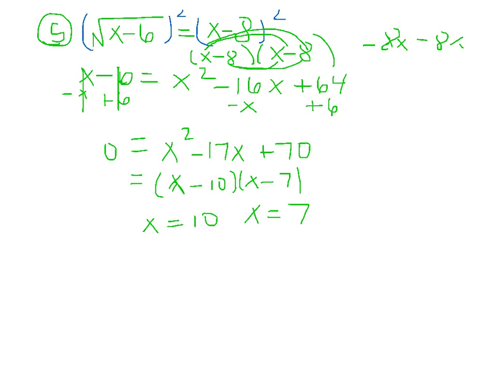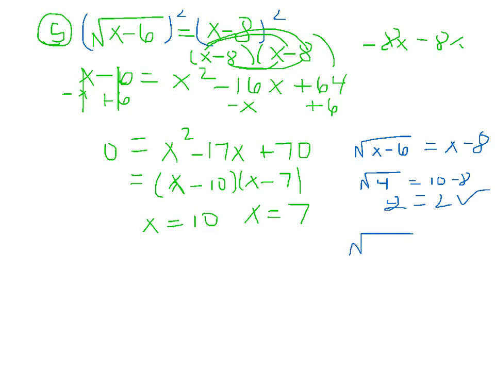So we can plug these in and check to see if they work. So if we plug in 10, again my original was the square root of x minus 6 equals x minus 8. So if we plug in 10, we get the square root of 10 minus 6, which is 4, equals 10 minus 8. The square root of 4 is 2. 10 minus 8 is 2, so my first one checks out.